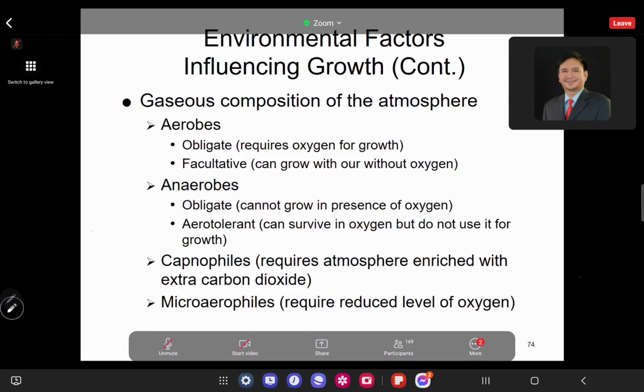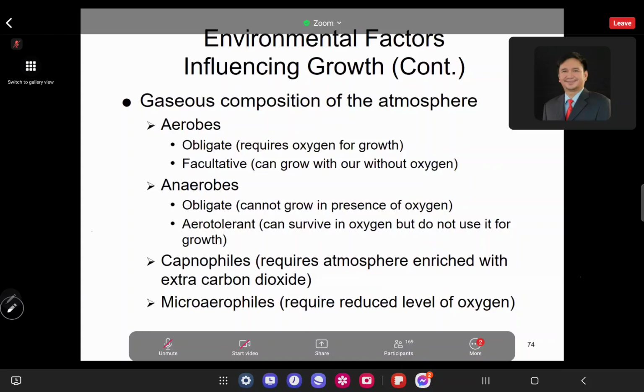Organisms requiring oxygen for growth, we call your strictly obligate aerobes, while a facultative aerobe can grow with or without oxygen, while obligate anaerobes cannot grow in the presence of oxygen, while your aerotolerant microbes can survive in oxygen but do not utilize it for growth.